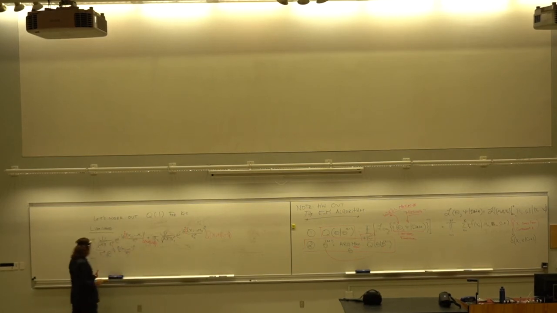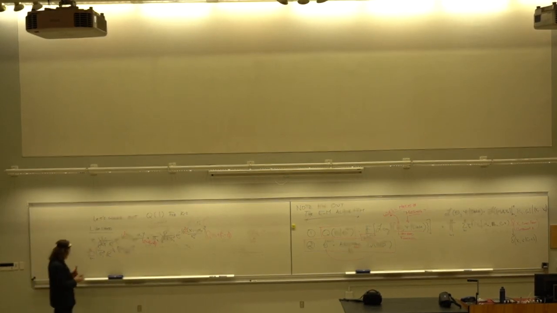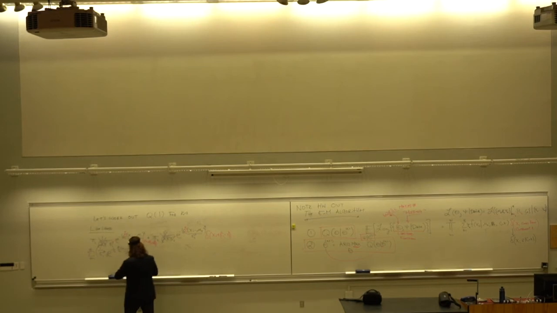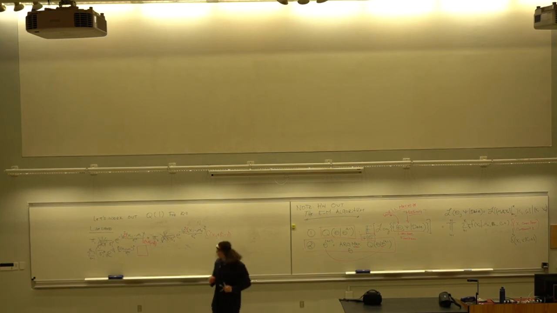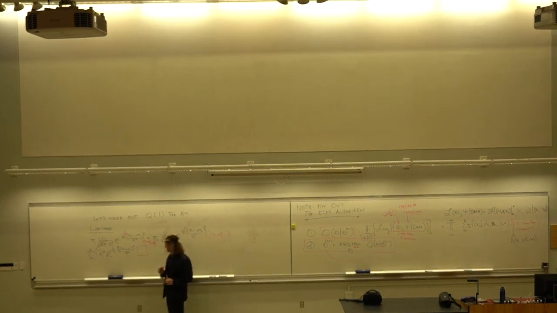Whoops. 9 a.m. stuff. I've got this indicator function sitting right out in front. I'm just going to leave that as a placeholder, just real quickly. I'm going to rewrite it in just a second.